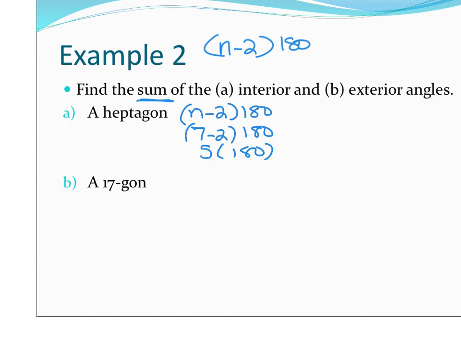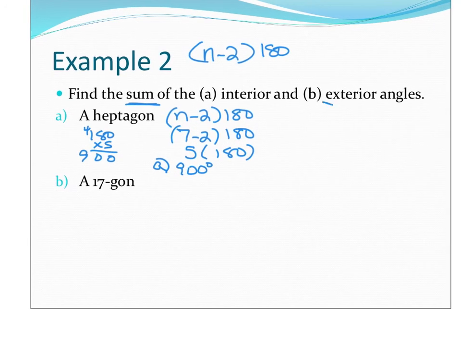And the answer here for part A is 900 degrees. I do 180 times 5, and I get 900. Now, the sum of the exteriors, no math here, you're just memorizing that no matter what type of polygon, it's always 360 degrees.